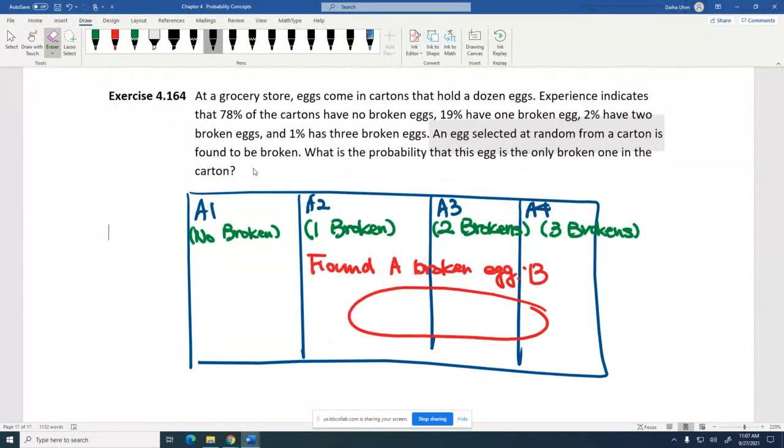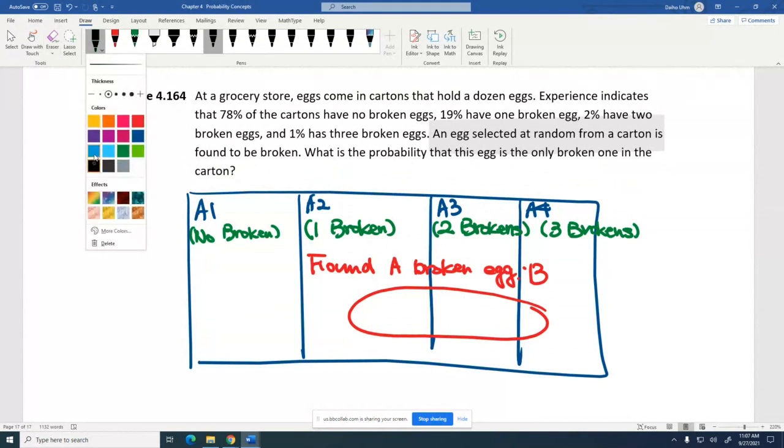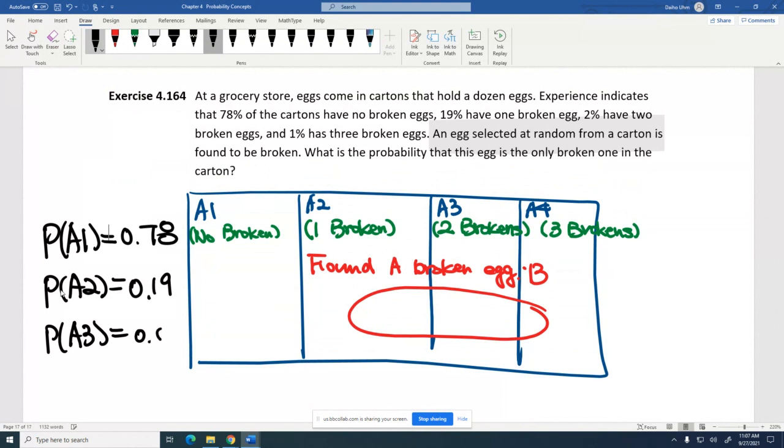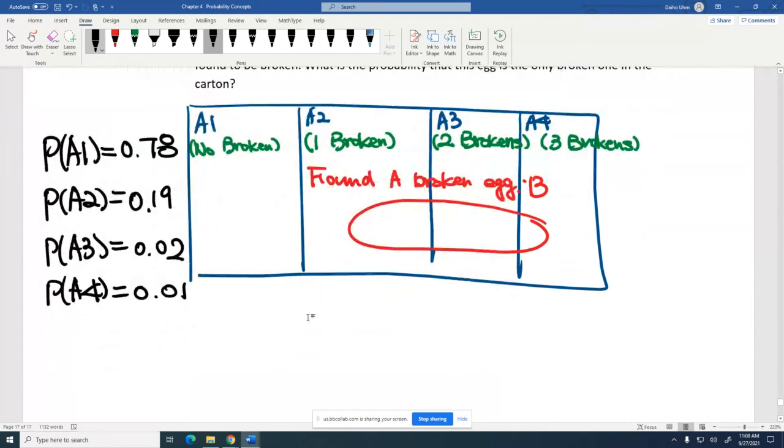So now I can say the probability of A1 is 0.78. Probability of A2, I pick a box which has one broken egg, is 19% from the refrigerator, A3 is 2%, 0.02, and A4 is only 1%.